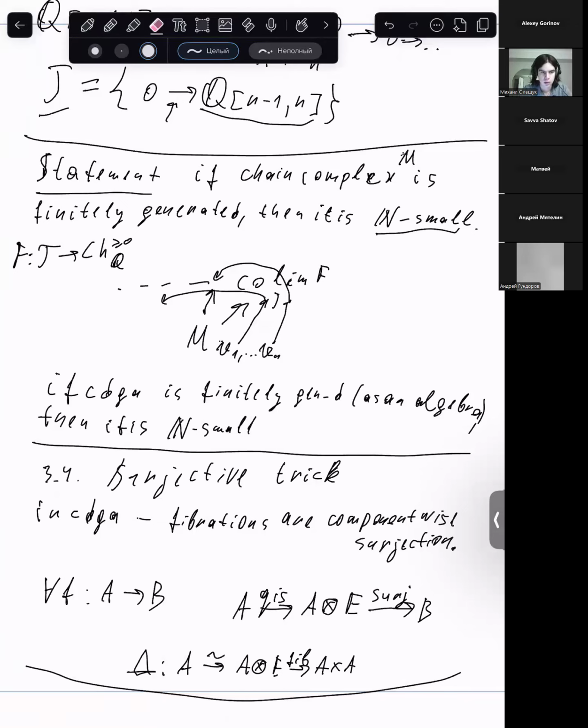Yeah, I can send a link on the NCAT page. And maybe Alexei Gennadievich will send this file to all the participants, of course. Okay, thank you.